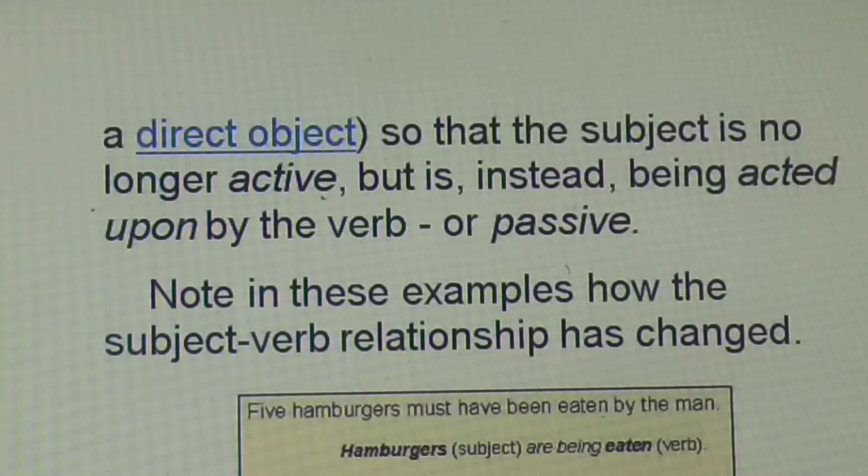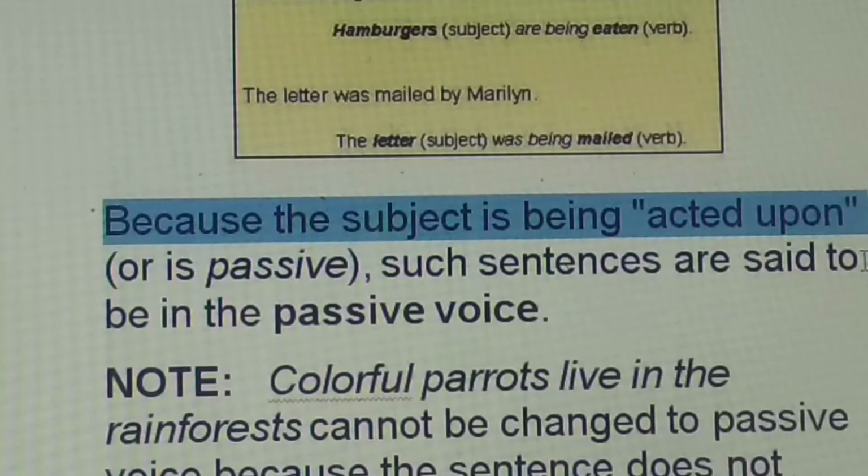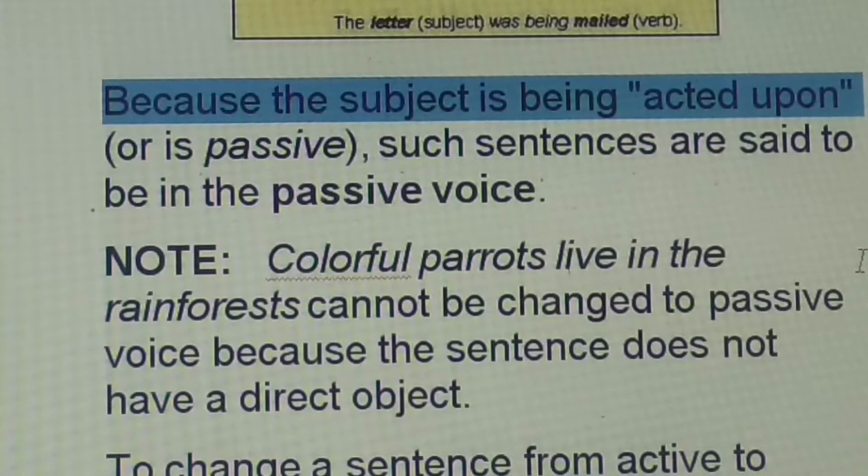Note in these examples how the subject-verb relationship has changed. 5 hamburgers must have been eaten by the man. Hamburgers is the subject, are being eaten is the verb. The letter was mailed by Marilyn. The letter is the subject, was being mailed is the verb. Because the subject is being acted upon or is passive, such sentences are said to be in the passive voice.